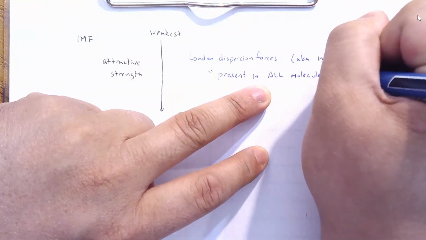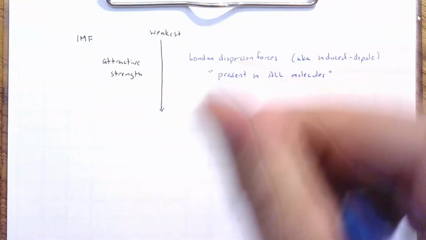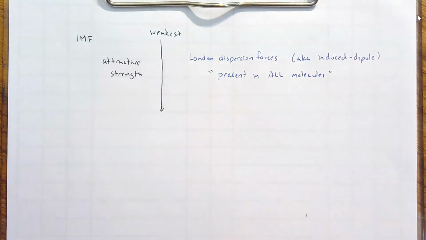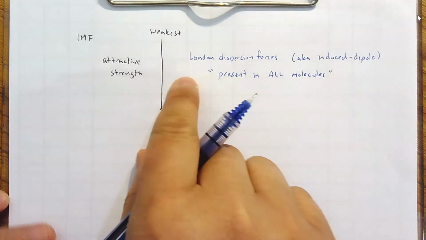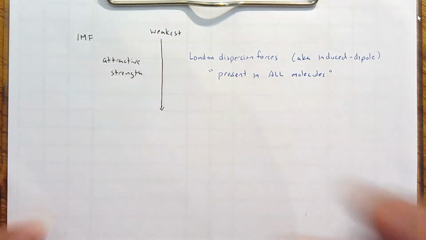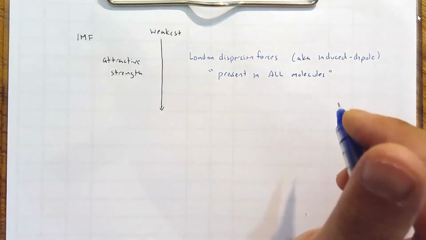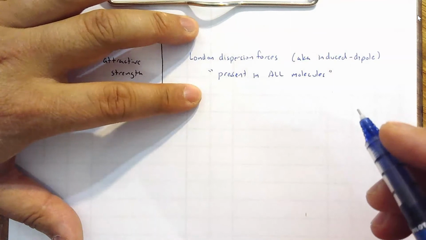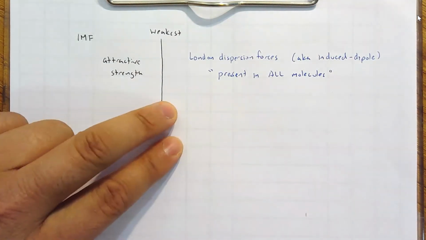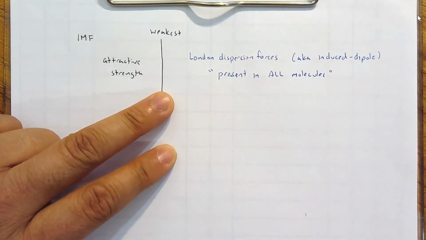When you're listing all the IMFs for a certain molecule, such as acetone, then definitely list London dispersion forces first because all molecules display London dispersion forces. I'll let you review what exactly those are. That's not for this unit. That was talked about in the past.